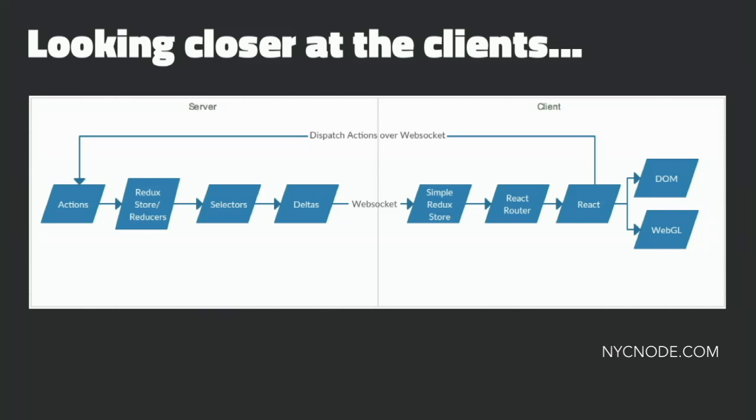There's a simple Redux store that connects to React router, which determines what the current screen is, and then renders the components inside of that. The React components render a DOM or WebGL. In the instructor console, the React components on occasion won't dispatch actions on the client store. They will send them via WebSocket back to the server, and they go back to the actions on the server, and everything stays in sync because the same state gets sent everywhere.